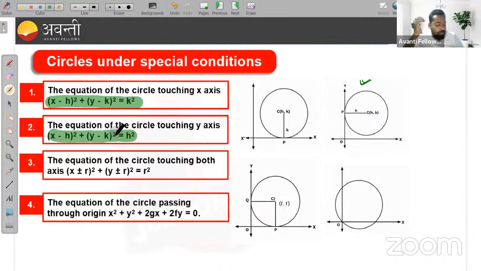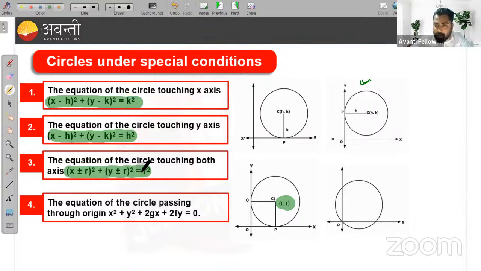If we are taking the center of the circle as r, r, then the x coordinate is r also, y coordinate is r also, right? And the radius is r also. Then the equation will be x plus or minus r whole square plus y plus or minus r whole square is equal to r square.